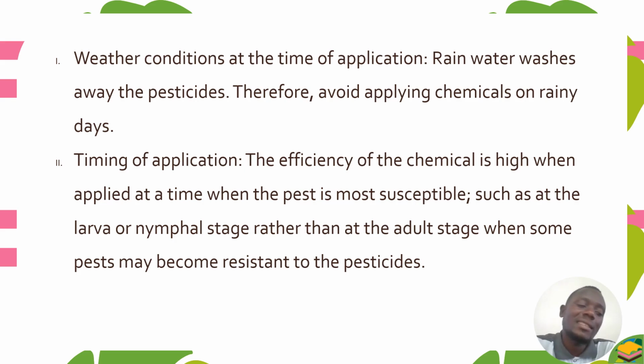So we find that there are some stages of the pest whereby they will be able to resist pesticides. So if you apply pesticides at such a time, they will not be able to kill the pest. So you have to apply at the right stage of the pest so that the pest is killed by these pesticides.